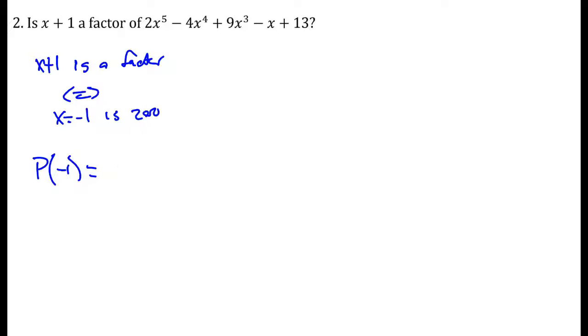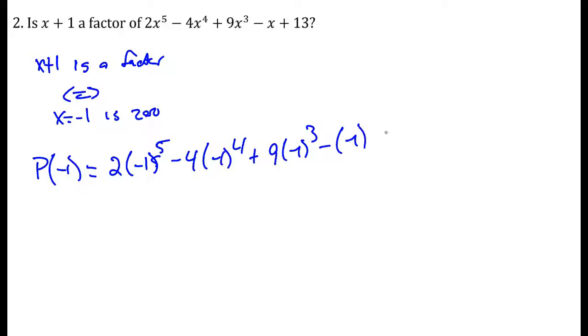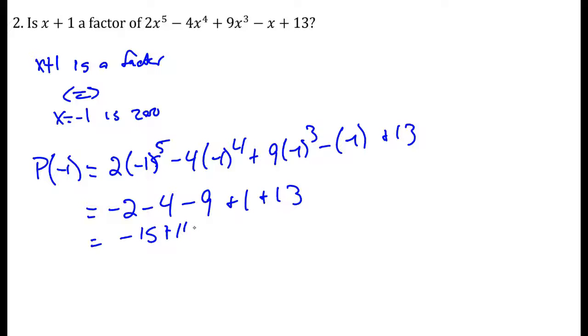P of negative 1 is 2 times negative 1 to the 5th, minus 4 times negative 1 to the 4th, plus 9 times negative 1 cubed, minus negative 1 plus 13. This result will be the remainder if I was to divide by x plus 1. That gives me negative 2 minus 4 minus 9 plus 1 plus 13, which gives me a remainder of negative 1.